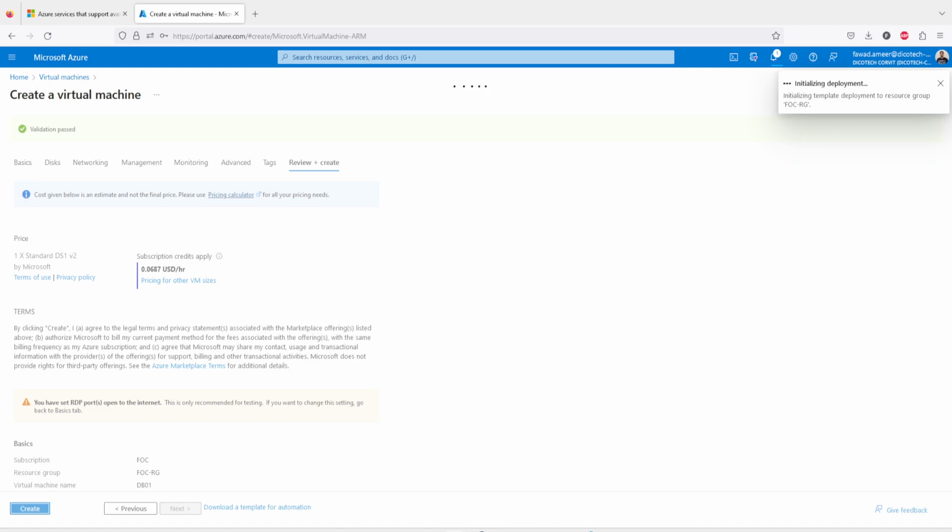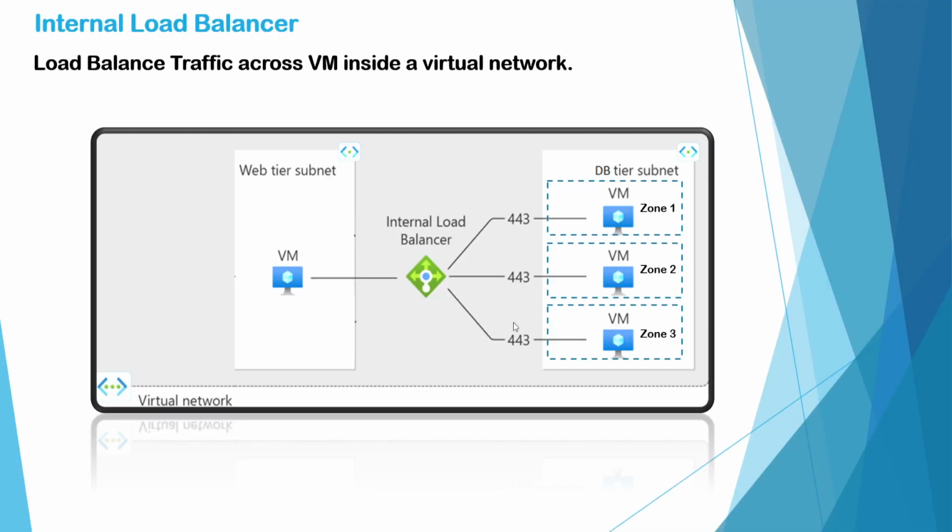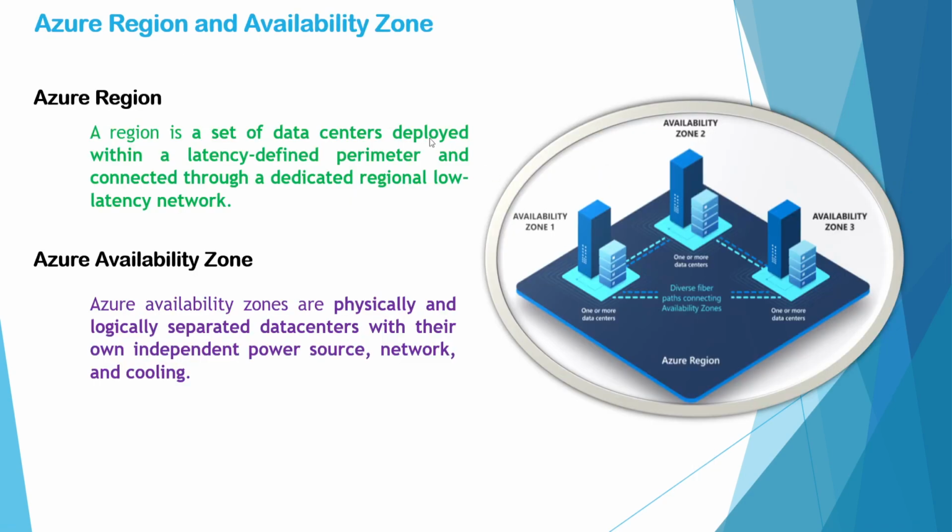For those who are not aware of what a region is and what a zone is, let me explain. A region is basically a geographical location, or a country you can say, but one country can have different regions if that country is big enough. Just for the sake of demonstration, you can refer to an Azure region as a country.